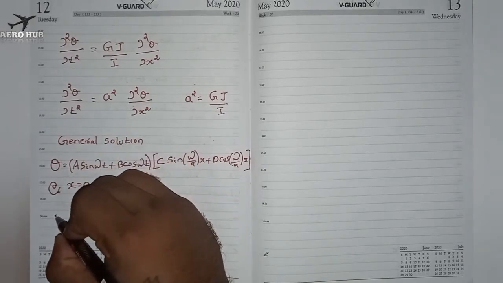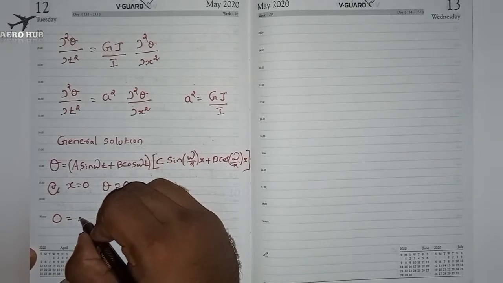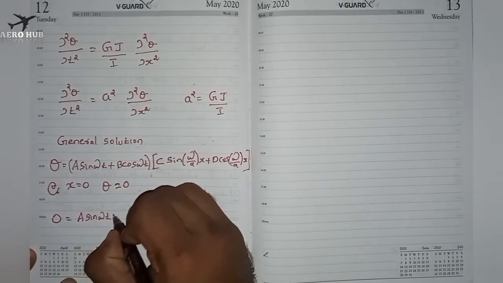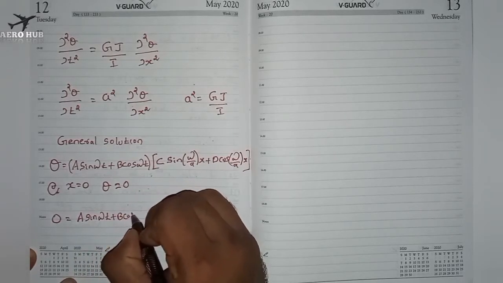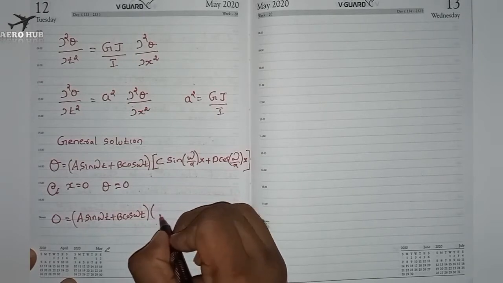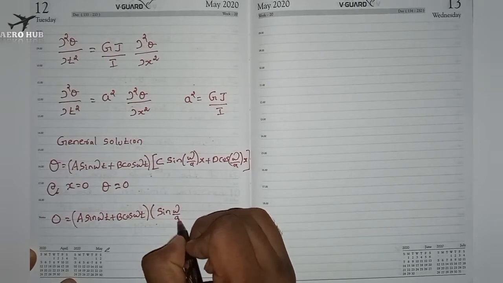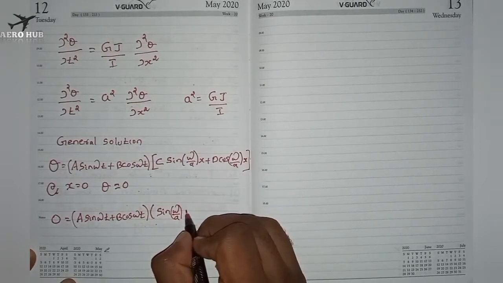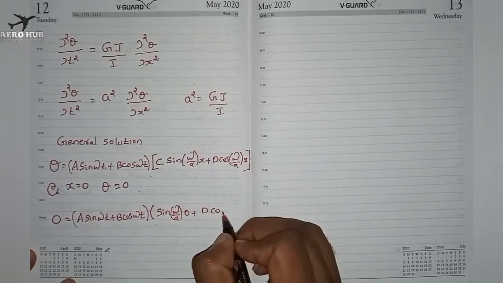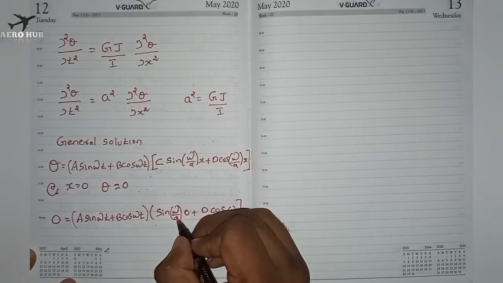I can get 0 = (A sin ωt + B cos ωt)(C sin(ω/a)x + D cos(ω/a)x), where the value of x is 0, so sin of 0 plus D cos of 0. Okay, I could have written here 0.